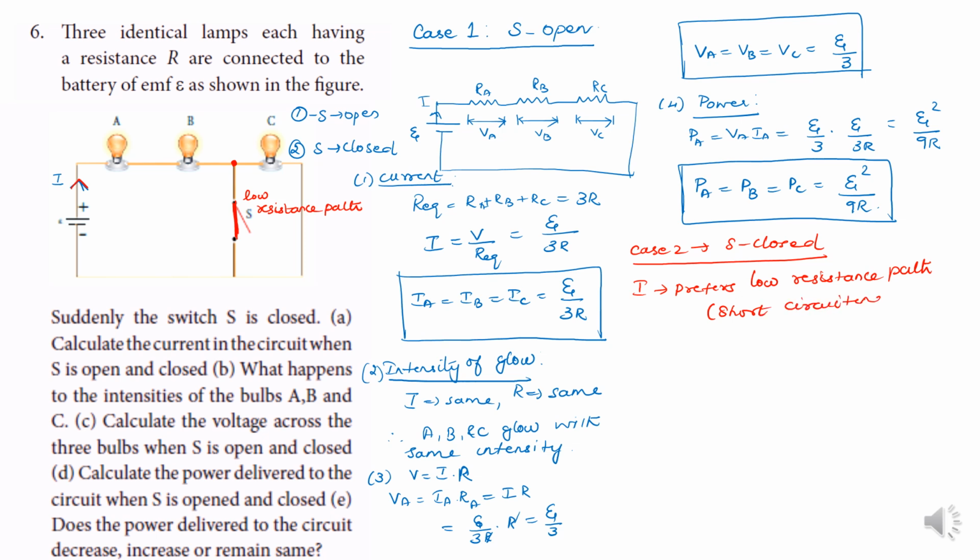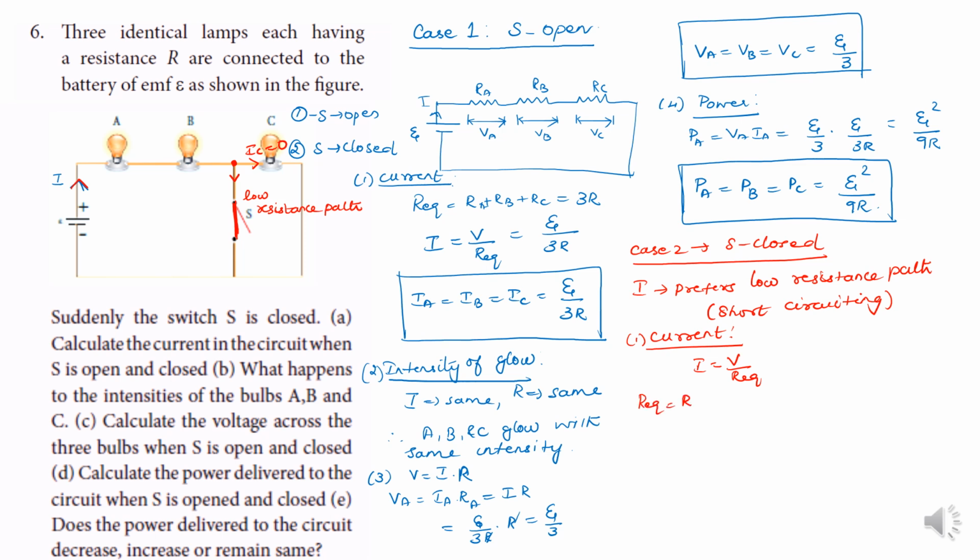If you want more details, I can post a separate short video on short circuiting. So since current prefers this path, no current flows through the bulb C. IC through C is 0. Now if you want to calculate the current flowing through A and B, current I is equal to V by R equivalent. Now there are only two resistances connected in series.